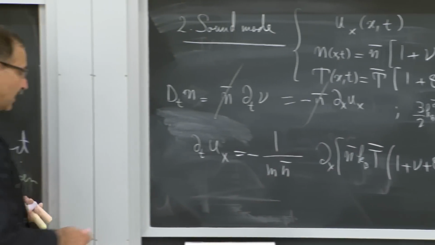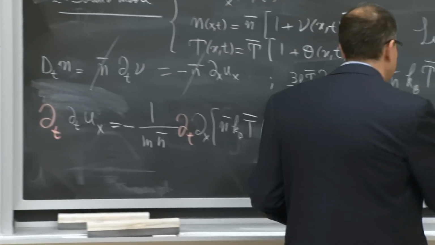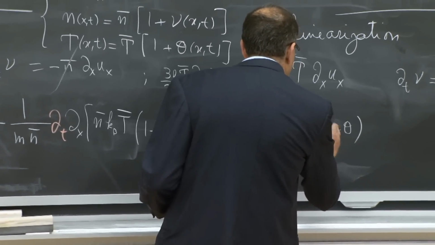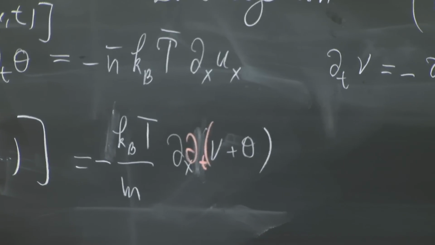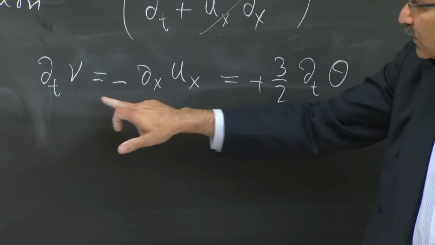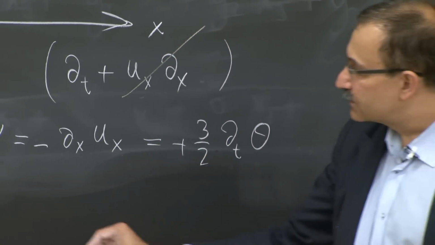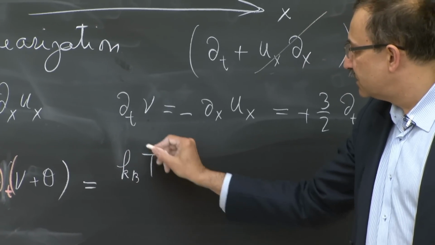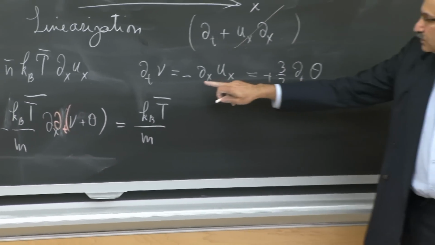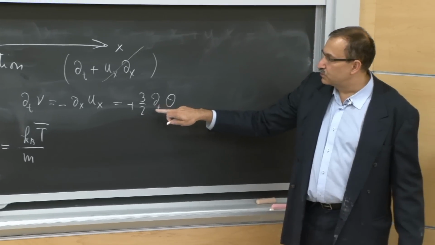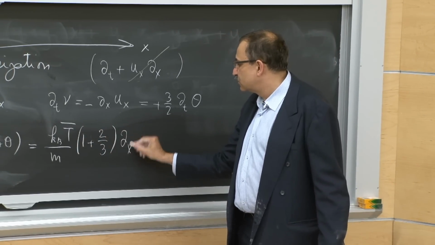I basically apply an additional dt here, which will apply here, and then we can apply it also here. Okay. And then we know how dt of nu and dt of theta are related to dx of ux. The minus signs disappear. I have kb t bar divided by m. I have dt of nu is dx ux. dt of theta is 2/3 dx ux. So I will get 1 plus 2/3 dx squared of ux.